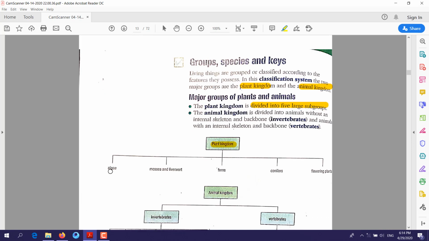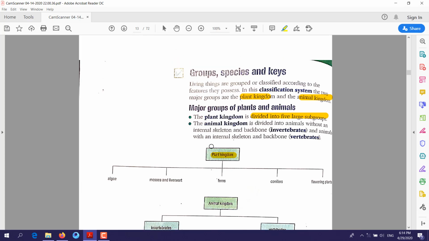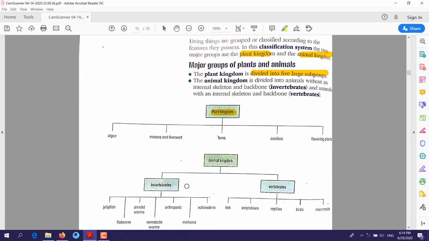These subgroups are algae, mosses, ferns, conifers, and flowering plants. So, the plant kingdom, all the plants that exist on Earth belong to this kingdom, and each group of plants belongs to one of these subgroups. The same thing is with the animal kingdom.